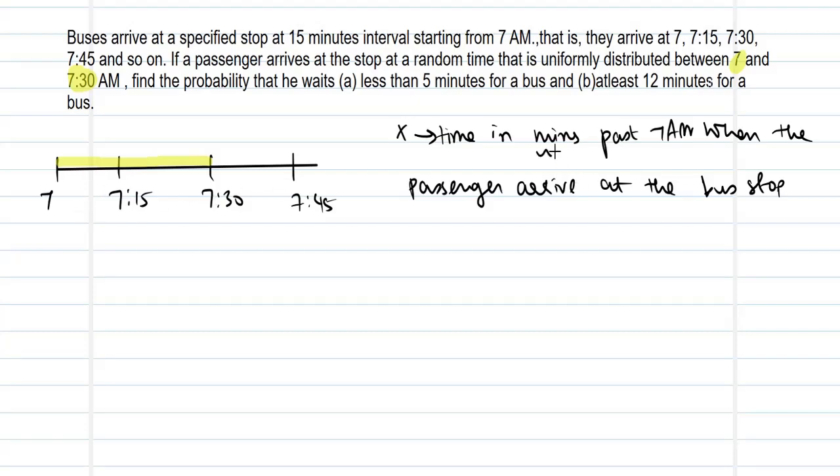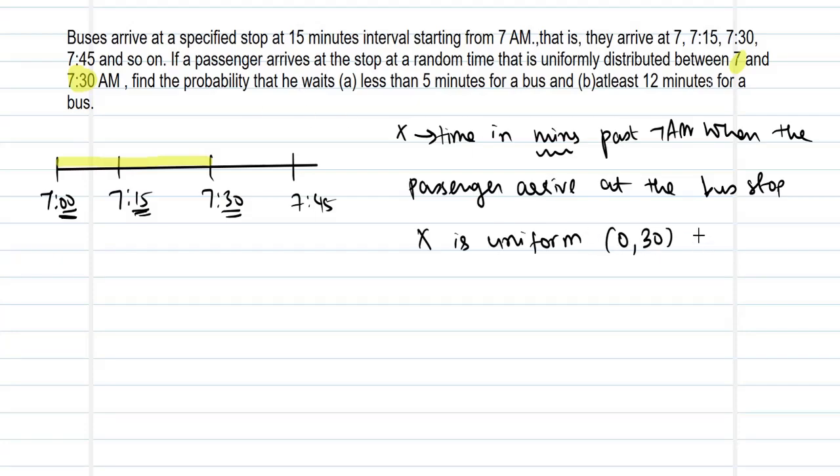We are noting the time in minutes, so 7:00 is 0 minutes, 7:15 is 15 minutes, and 7:30 is 30 minutes. So x is uniform in the period 0 to 30.